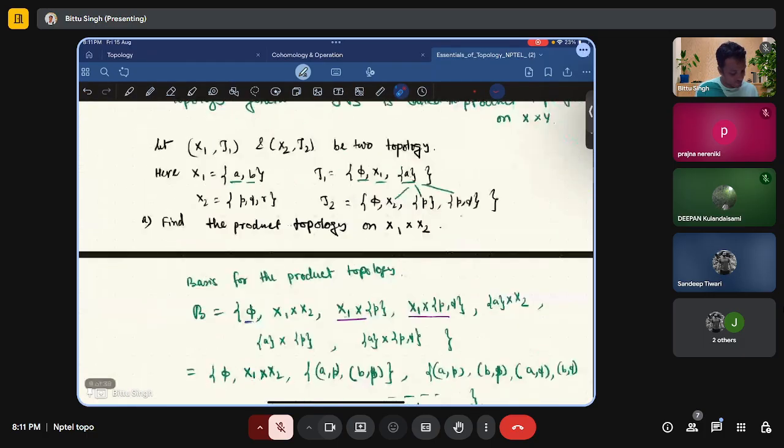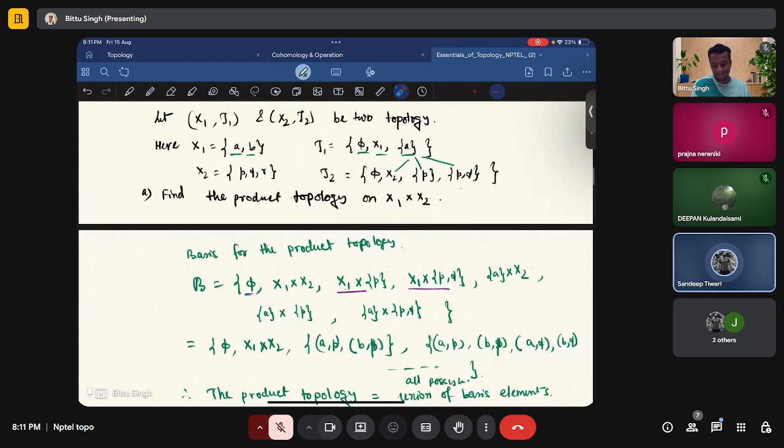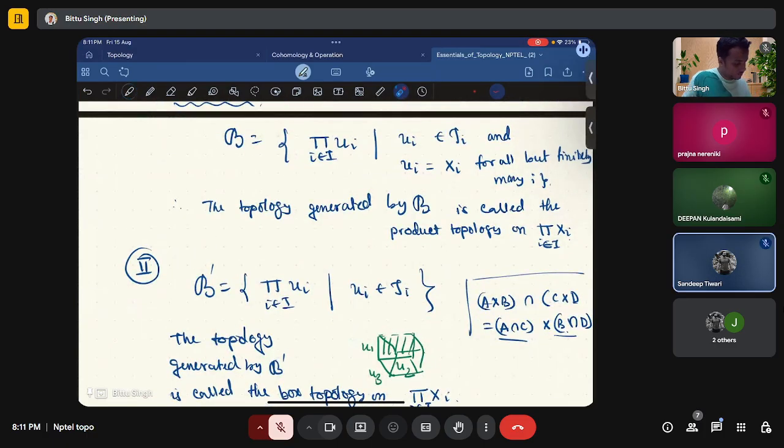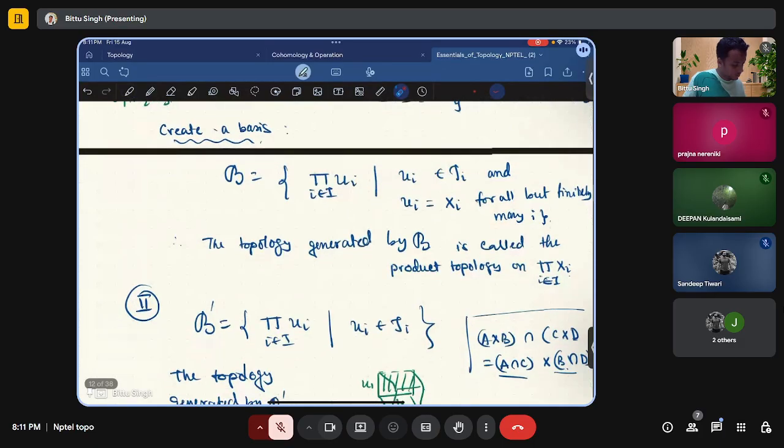Sir, only the definition of the quotient topology, so then I can motivate. This will be the better thing to do.